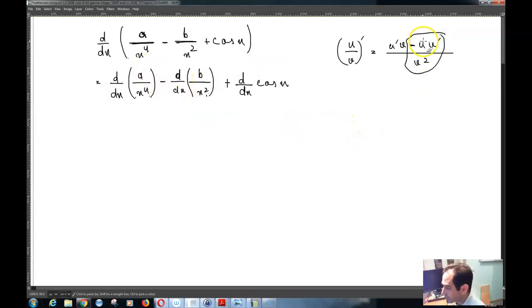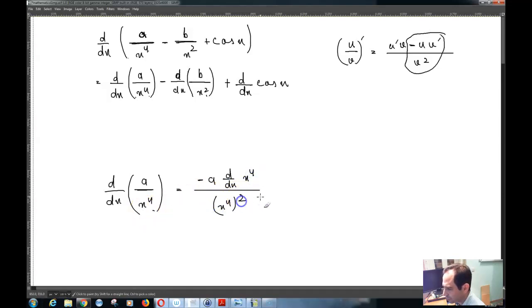So d by dx of a divided by x raised to the power 4 is equal to negative a times d by dx of x raised to the power 4 over x raised to the power 4 whole squared, which is equal to negative a times 4x raised to the power 3 over x raised to the power 8.